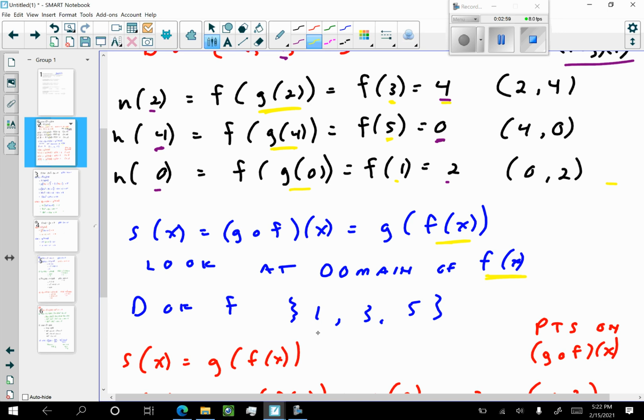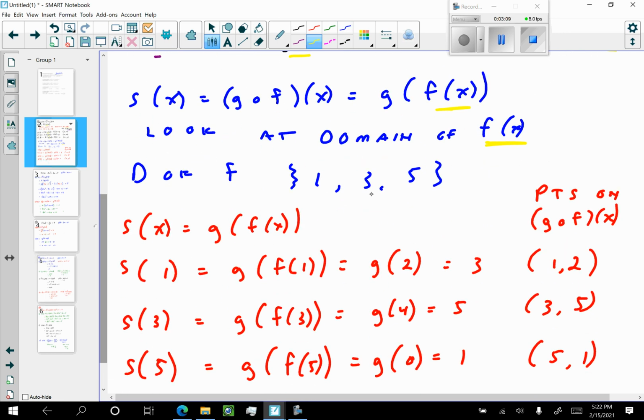And I look at my table of 3 points, and I see the inputs are 1, 3, and 5, the domain of f. Therefore, I can only take g of these values, g of 1. What's f of 1? f of 1 happens to be 2. Therefore, I have my first point on g of f, which is input, output.